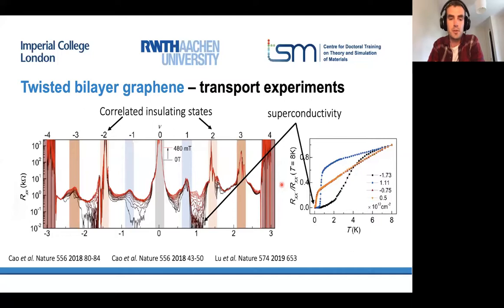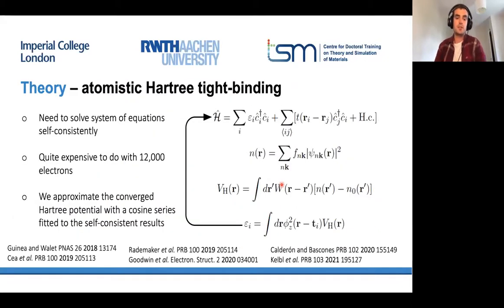So we wanted to make some predictions of what happens as a function of twist angle. To do this initially, we used an atomistic Hartree-type tight binding theory, just to look at the normal state of twisted bilayer graphene.